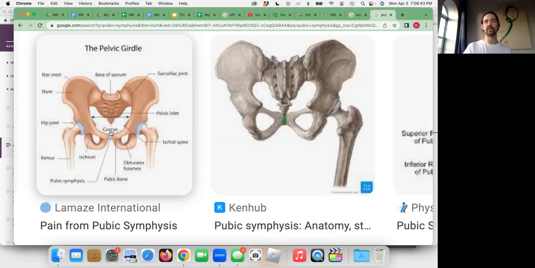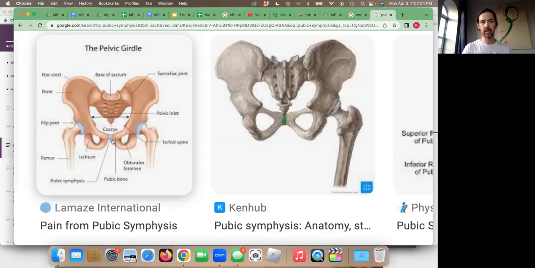It's a cartilaginous disc, and it allows for quite a lot of movement. There are two cases where you will see movement where the two halves of the pelvis twist in opposite directions, or one twists one way and the other stays, and it gets stuck, and there's a lot of pain at the pubic symphysis. Two cases.